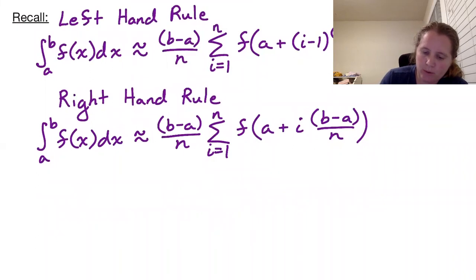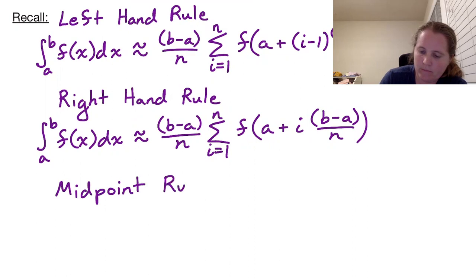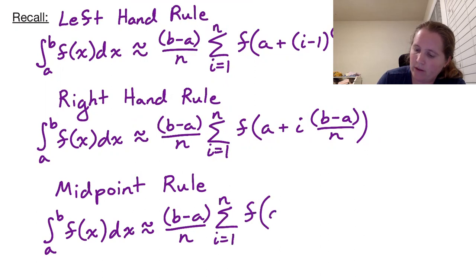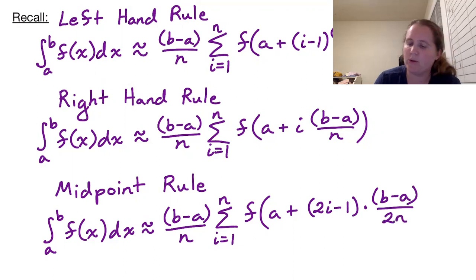And then our midpoint rule said that the definite integral from a to b of f of x dx was approximately equal to (b minus a) over n times the summation from i equals 1 to n of f of (a plus (2i minus 1) times (b minus a) over 2n), or you could put that 2 under the 2i minus 1 if you so choose.